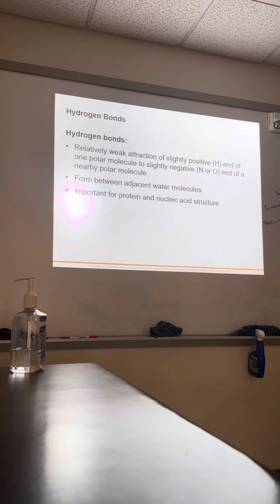Hydrogen bonds. What are these little guys? These are weak attractions of the slightly positive hydrogen end of one polar molecule to the slightly negative end of a nearby polar molecule. Okay? So they're not very strong.